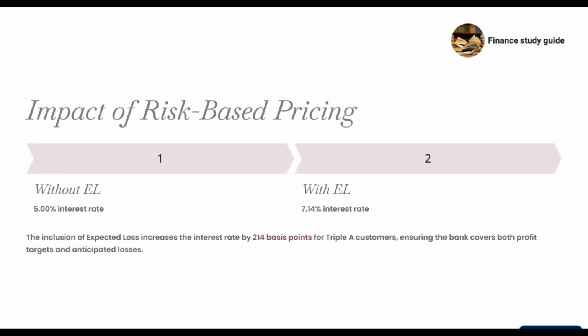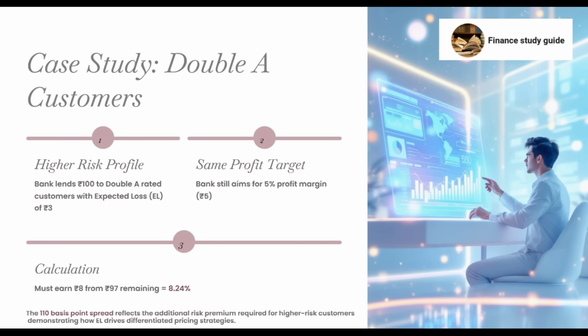Let's extend this example a little more. Suppose the bank has lent 100 rupees to people that have an internal rating of double A with EL equals 3 rupees. Again, the bank wants to make 5% profit on its lending business. Since the bank knows EL is 3, to make 105 rupees, the bank has to earn 8 rupees from a 97 rupee loan.